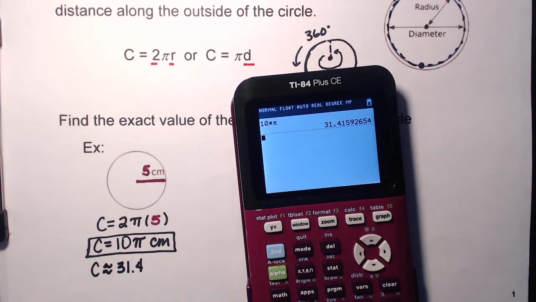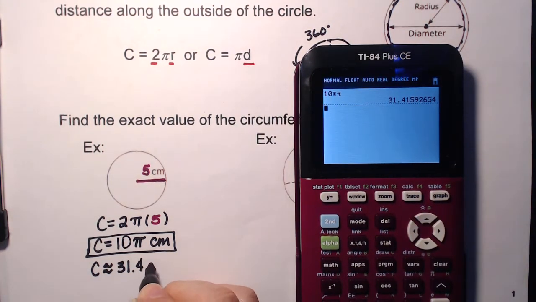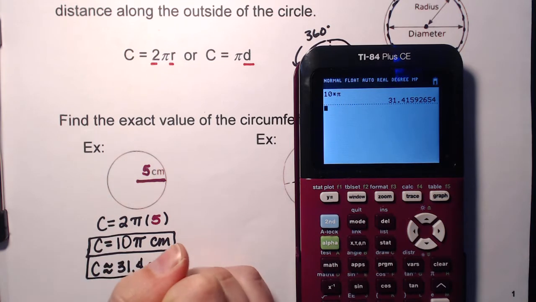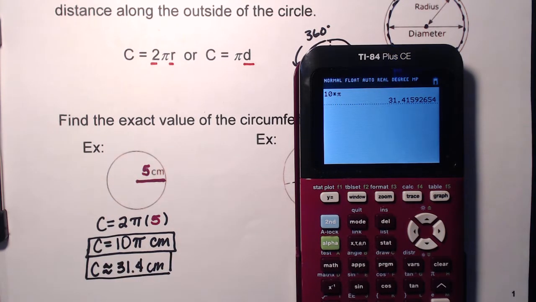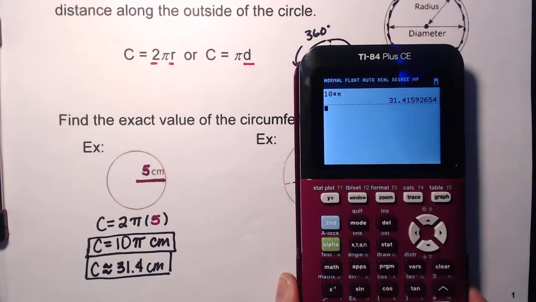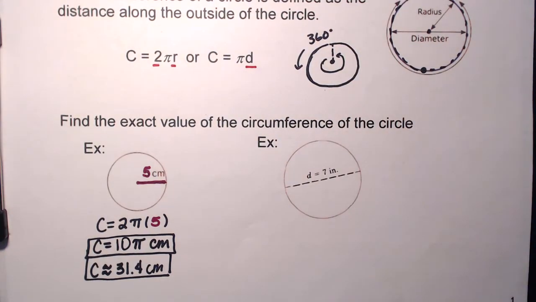We'll just round to the nearest tenth. So I want both answers, the one where pi is part of the answer and the one where we multiply the pi in.